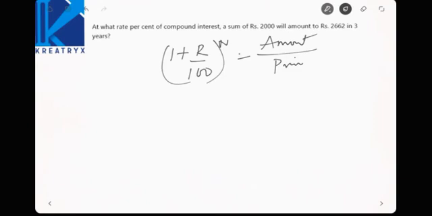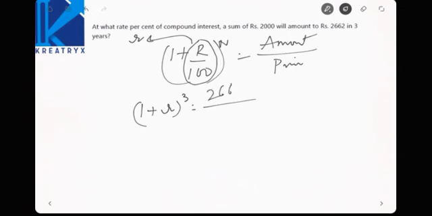Let us consider this r by 100 as r in order to have smooth calculations. Okay, now see here, 1 plus small r whole 3 years, 3, is equal to, now what is the amount given there? 2662 by 2000.